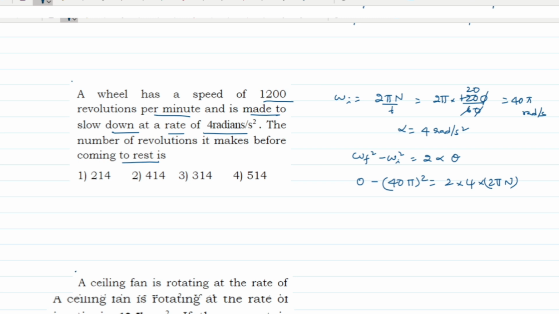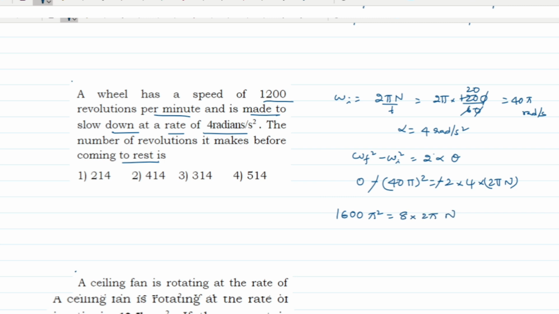So here it's a retarding value, so instead of alpha we take minus alpha, and this minus minus gets cancelled. Here 40 pi whole square, 40 square is 1600 into pi square, which will be equal to 2 4s are 8, 8 into 2 pi into n.